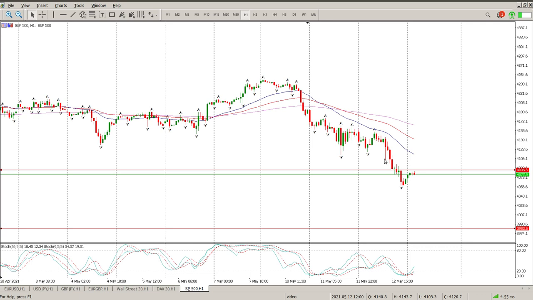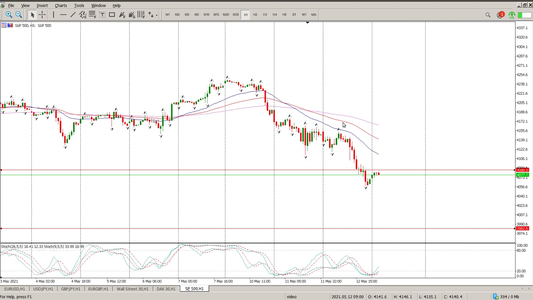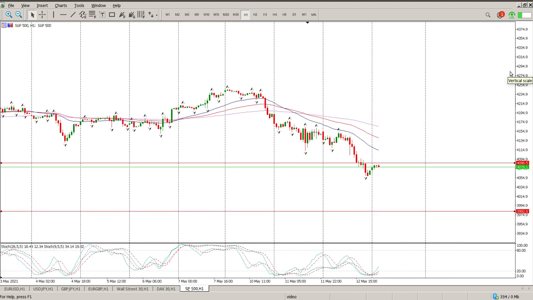So if I am looking at short scalps, it'll be probably 4,005 or 4,010, somewhere around there as a target. But I am not looking at that at all. It can retrace. I'll wait for the retracement, and then I'm looking for opportunities to buy into the value.